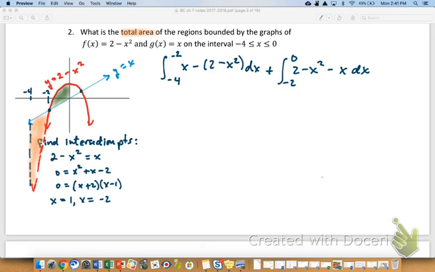Because once you get to that other interval from -2 to 0, that's when you're going to get the parabola being the higher of the two graphs. So this one requires a split up. And I think that word total is your big hint. Total area means there are probably going to be a switching of relationships between the graphs.